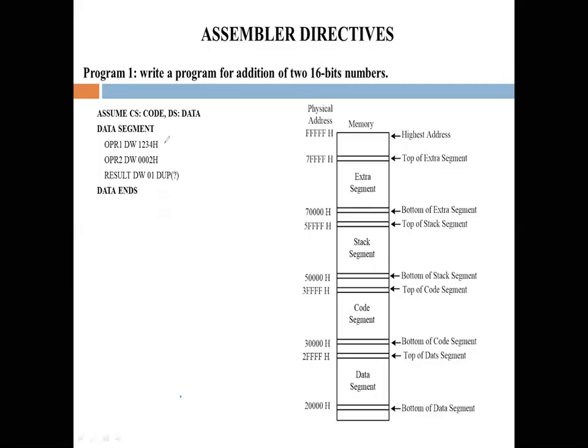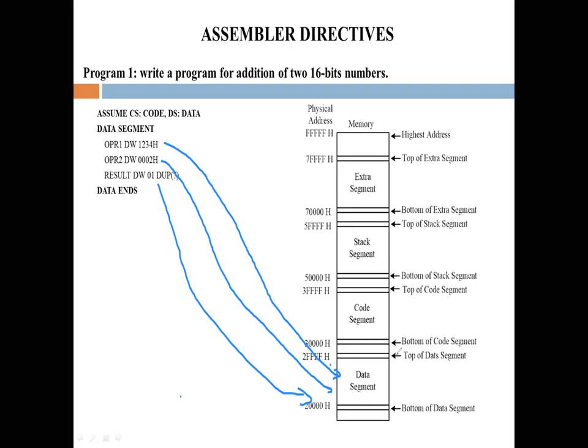So we can see that this data 1234 and 0002 with result is stored somewhere in the data segment. We don't know what the offset value of result is. So in programming, we have to find the offset value of this, and after that we have to store the result in the accumulator or in a given memory location.